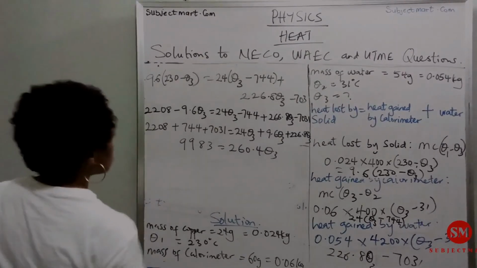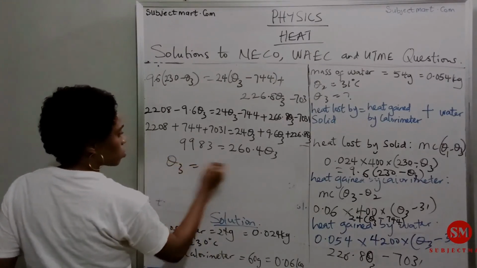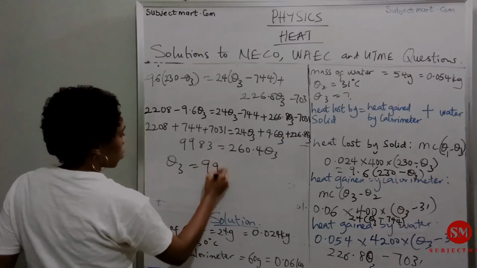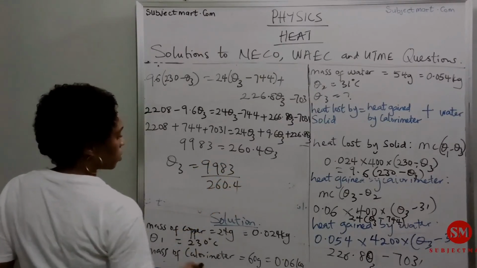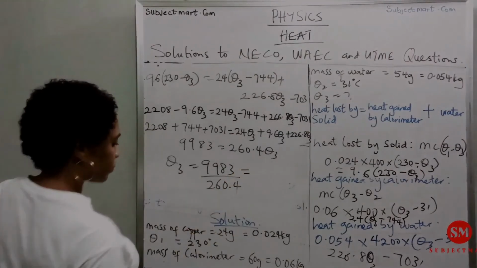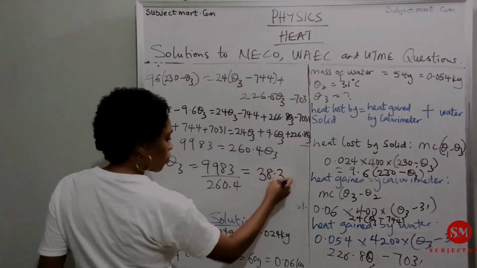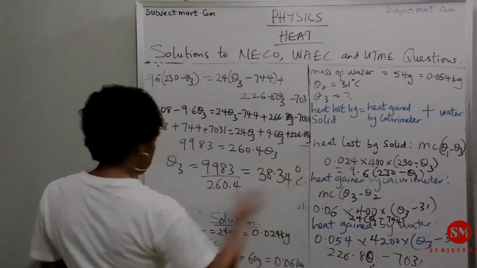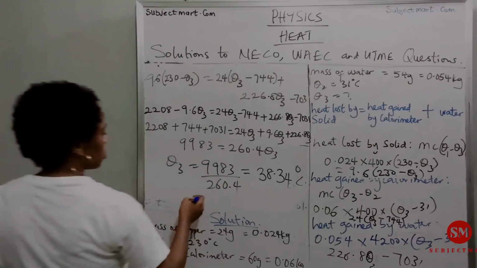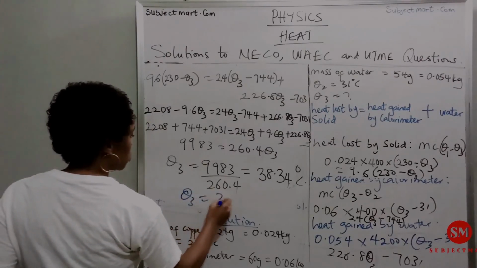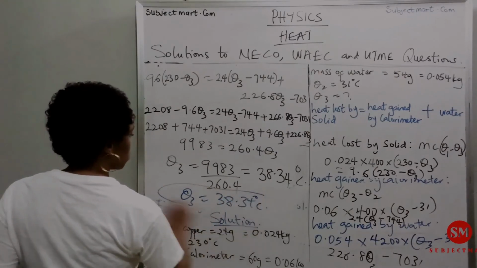And that gives me theta 3 is equal to, I'll divide both sides by this, and that will give me 38.34 degrees C. So the final temperature, theta 3, is equal to 38.34 degrees C.